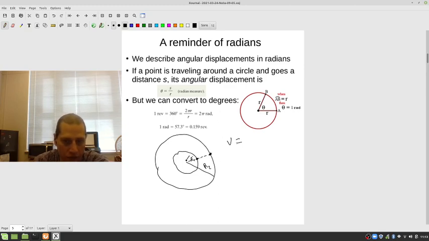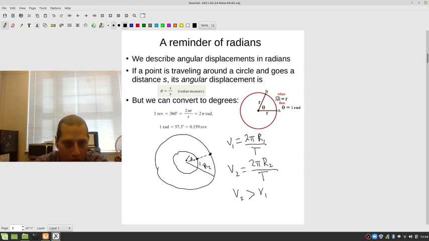In linear terms, my speed of the dot on this first circle would be 2 pi r1 over t. So that would give me a v1. And then for my second circle, it would be 2 pi r2 over t. And as you can see, that v2 would be greater than v1.